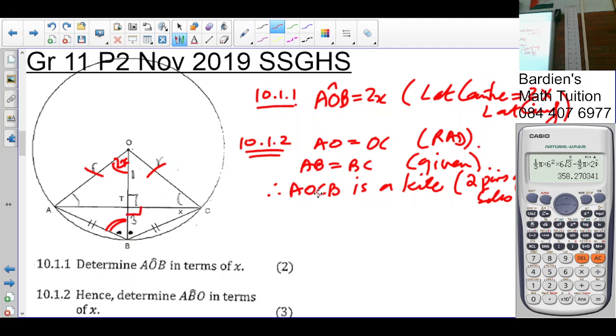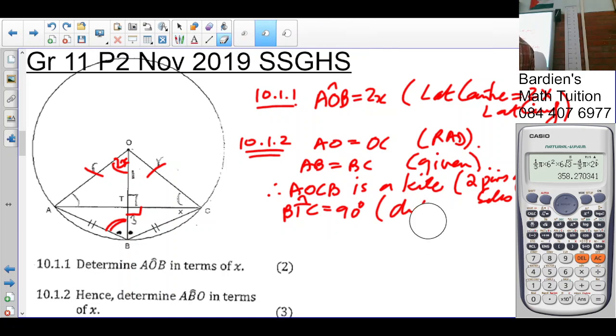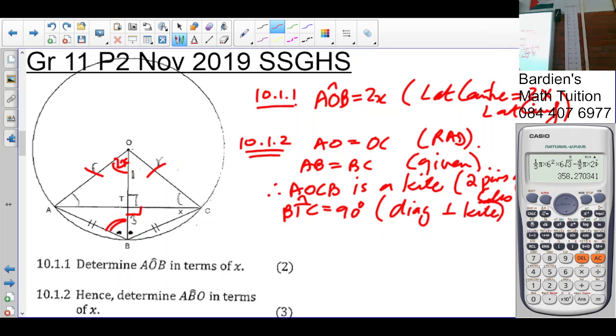So we're going to say that B, there's no marking here, there's a T, sorry. So you have angle BTC is equal to 90 degrees. Why? The diagonals are perpendicular in a kite. Diagonals are perpendicular in a kite. Okay, so there's 90 degrees.